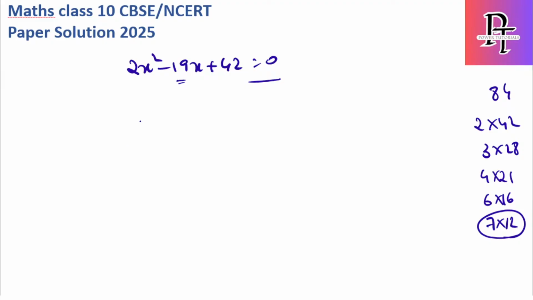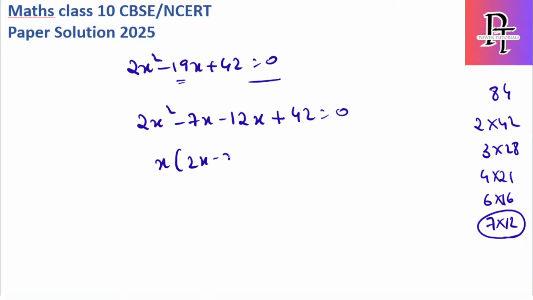So now I can write this equation as 2x square minus 7x minus 12x plus 42 is equal to 0. If I take x as common, I will get 2x minus 7, and if I take 6 as common, I will get 2x minus 7 is equal to 0. So the x values, I'll simply write it as one is 6 and second is 7 by 2.